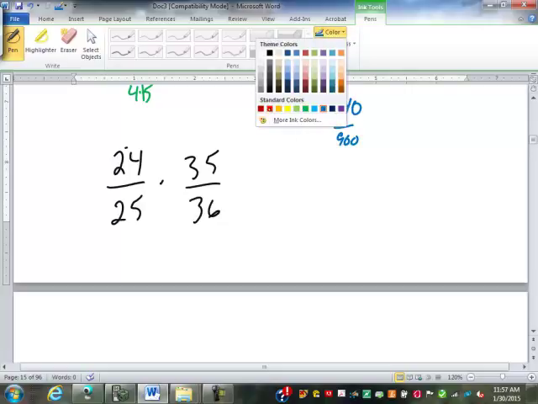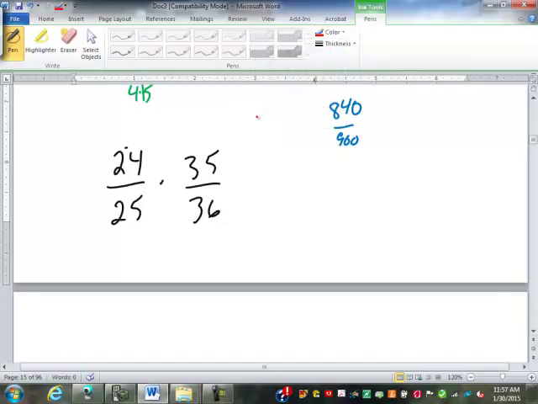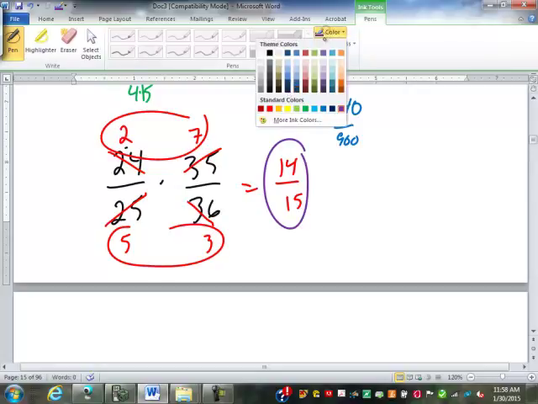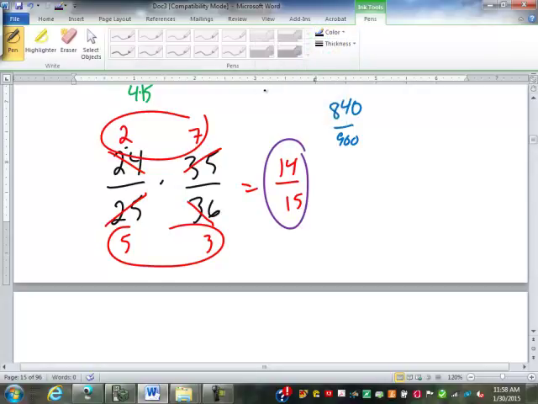But if we do cross-canceling, or cross-multiplying, as it's called by some books, we can see here 24 and 36 can each be divided by 12 to give me 2 and 3. 25 and 35 can be divided by 5 to give me 5 and 7. And now it is 2 times 7 is 14, and 5 times 3 is 15. So 14/15. This would reduce down to 14/15 as well, of course. It'd just take a little more effort to do it.